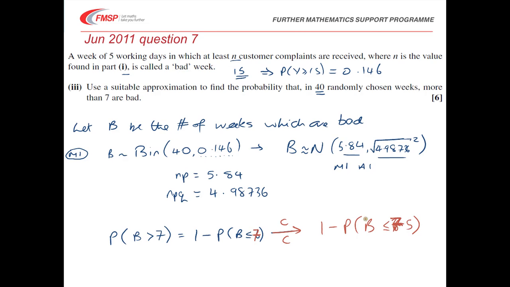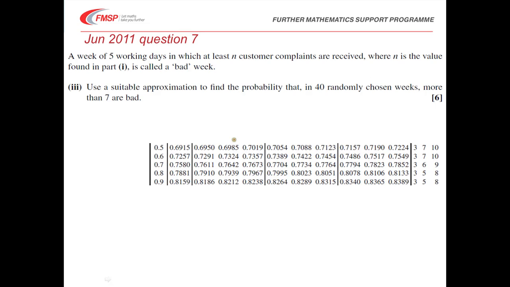Okay, so again, the same principles now hold as we did in the previous sorts of questions with these. So first step is to standardize. I'm going to use my table in a minute, but again, we're looking for 1 minus the probability that B is less than or equal to 7.5. Just to remind you of the normal distribution, so it's 5.84, square root of 4.98736, squared.